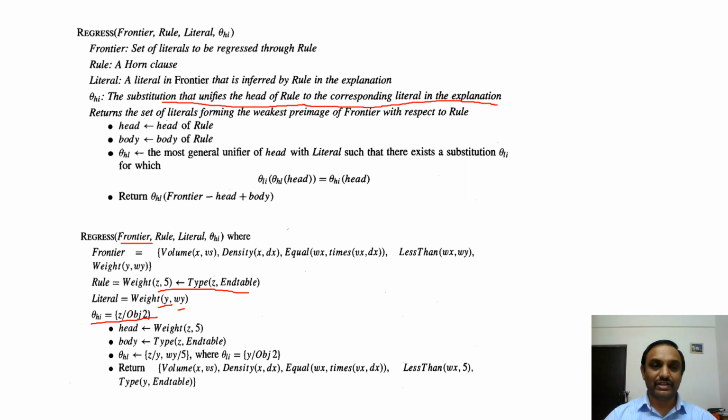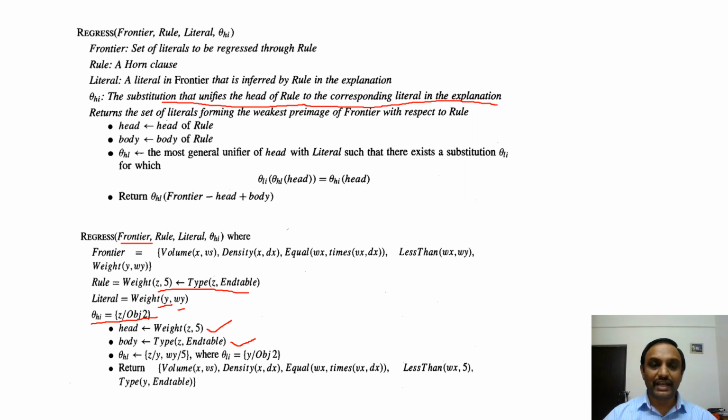So next one, see here. The head we have to consider is weight z comma 5. So z we are finally replacing with y. Then what is the body we are considering? Type z end table.